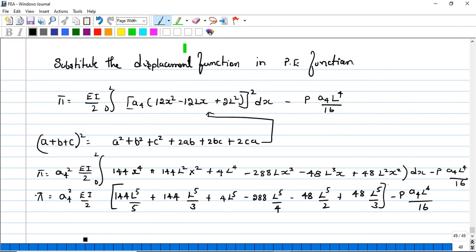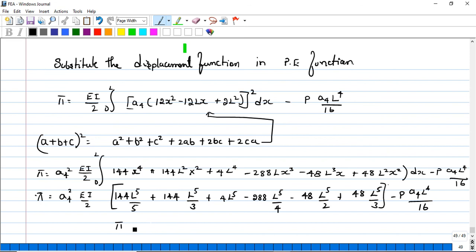And finally, if I simplify this, by taking LCM, I can take L raised to 5 as a common outside. So the final equation will be, I will leave it to you for further simplification. I don't think that requires an explanation.